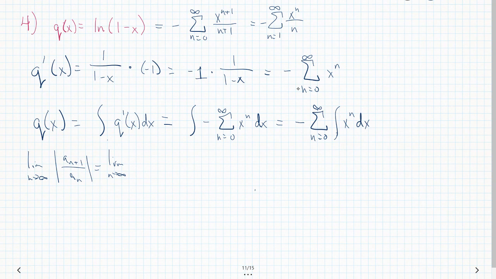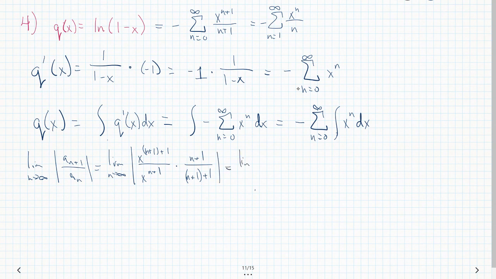Well, the negative, by the way, we pull that out in front, so that's not even going to make a difference. We'll rewrite this as x to the n plus 1 plus 1 over the x to the n plus 1, times n plus 1 going up top here, and then n plus 1 plus 1.